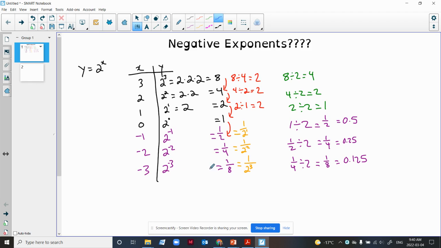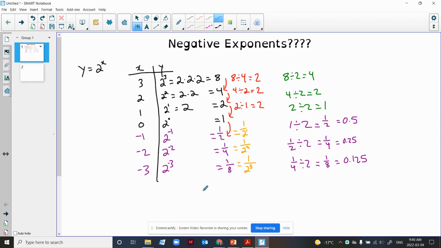It's a fraction, a smaller amount, because we're dividing by 2 to get there. We keep dividing by 2, so we get to a smaller amount. So we end up with 1 over 2 to the exponent 3 when our original power was 2 to the exponent negative 3. This is definitely a tricky one.